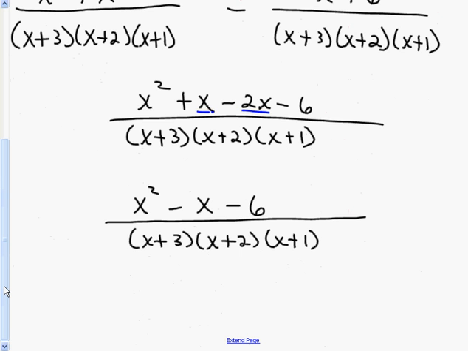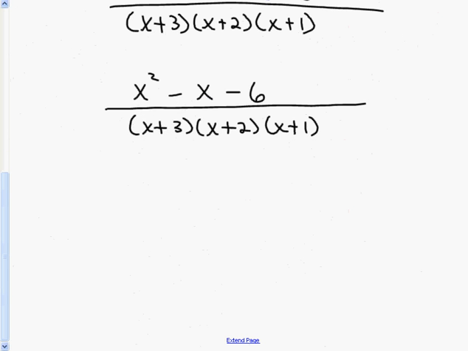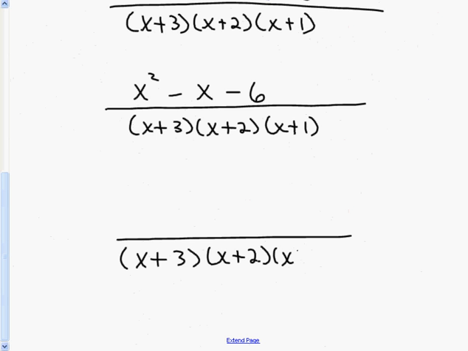And then as always, sometimes you can do this, sometimes you can't. It just depends on the problem, so you've got to check. So x plus 3, x plus 2, x plus 1 is my denominator, and I've got to see if I can simplify this. So x squared minus x minus 6, I can factor that as x minus 3, x plus 2, because I want to multiply to get negative 6 and add to get negative 1.